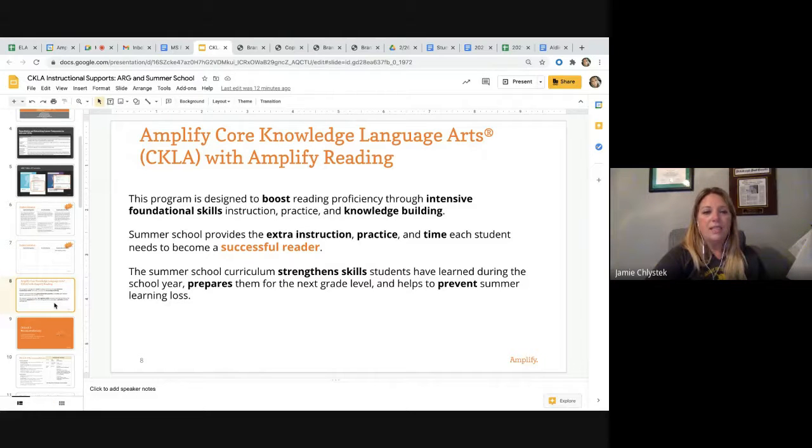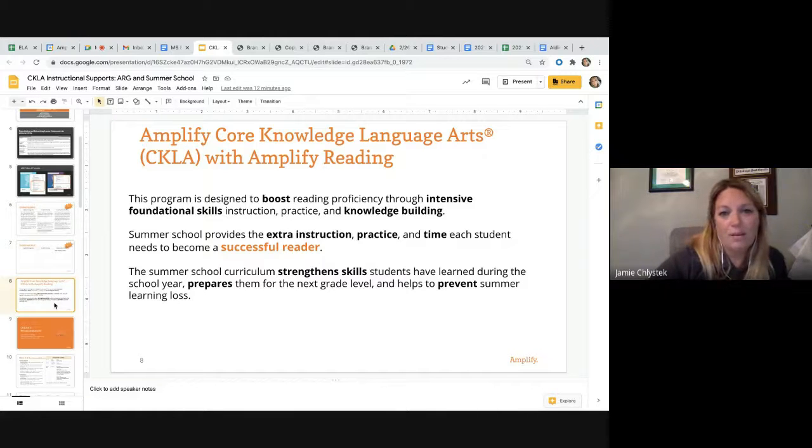But like I said earlier, we do have some recommendations for summer school programming. Summer school is meant to provide additional opportunities, additional at-bats, strengthen students through additional practice, and really focus on some literacy skills, both the foundational skills side and also knowledge building for all grades.